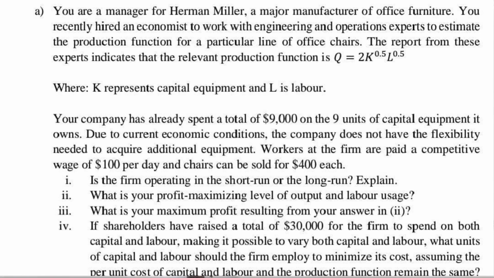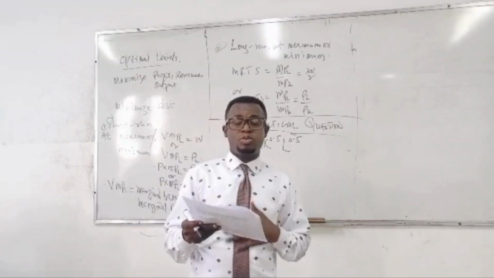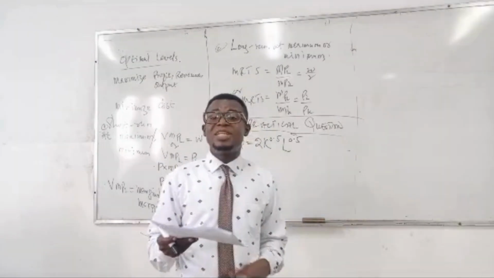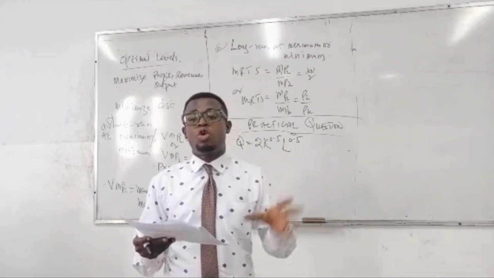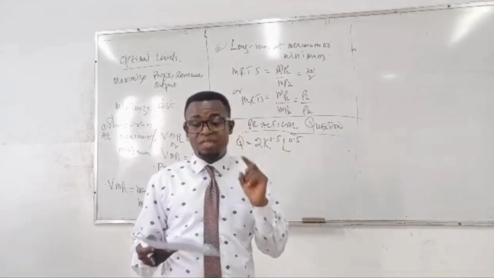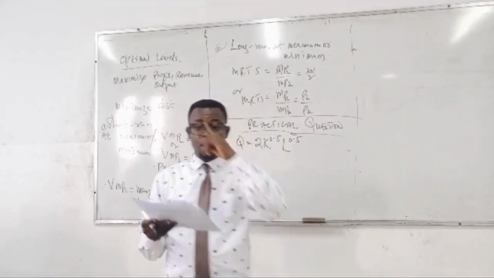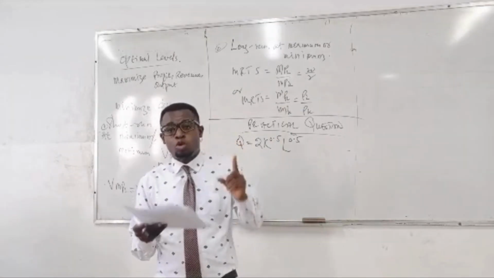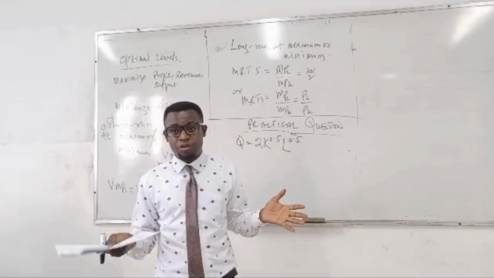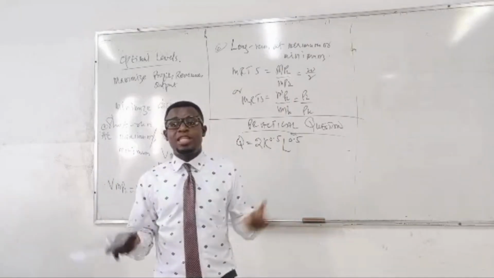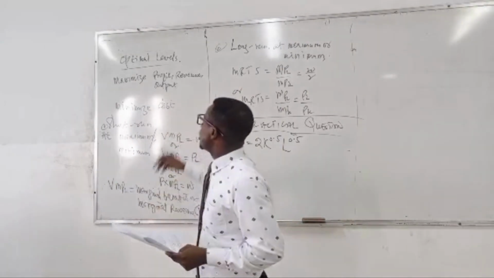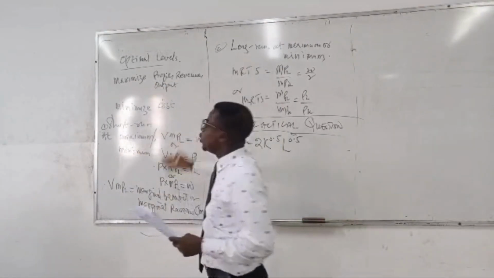Explain. So from what I just read, the question even asks you whether it's operating in the short run or long run. You must first ascertain for yourself whether it's producing in the short or long run before you can start solving it. If you're not able to ascertain it, you cannot start solving it because you won't know which of the optimal levels to use.